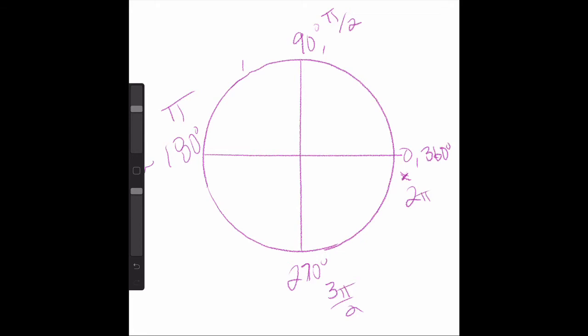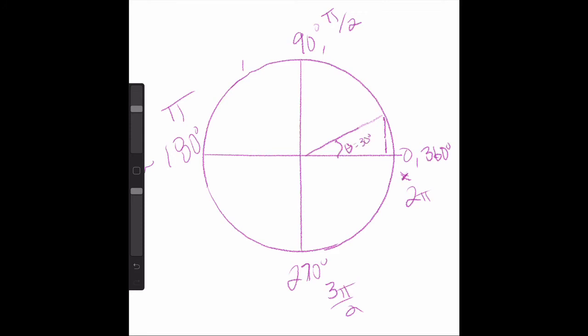Let's begin by first making a 30-degree triangle in the first quadrant. Label your theta, 30 degrees.